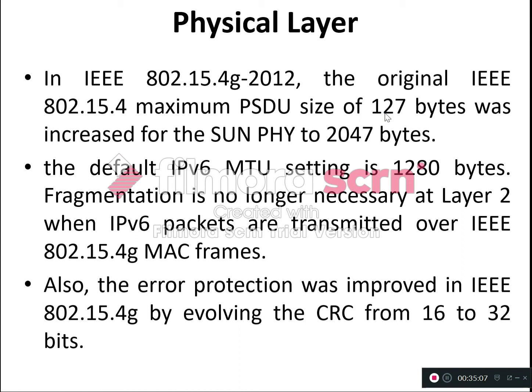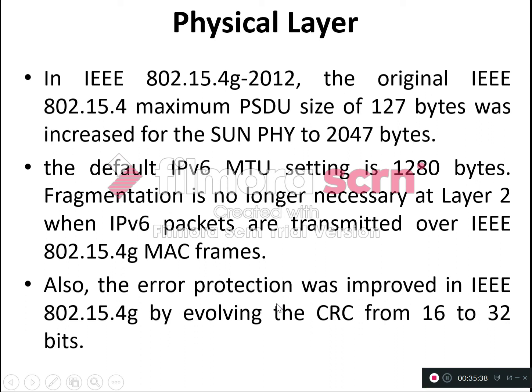So when 802.15.4 packets need to be sent using IPv6, the packet needs to be fragmented and the header compressed. That was done by the adaptation layer 6LoWPAN. But now as the SUN PHY increases the size to 2047, there is no necessity of fragmentation in the link layer.